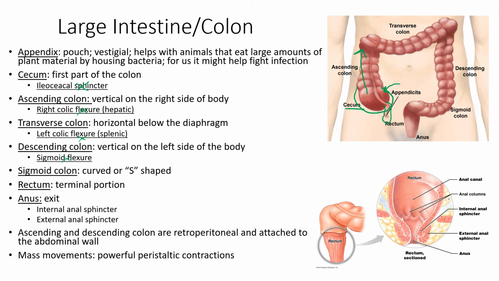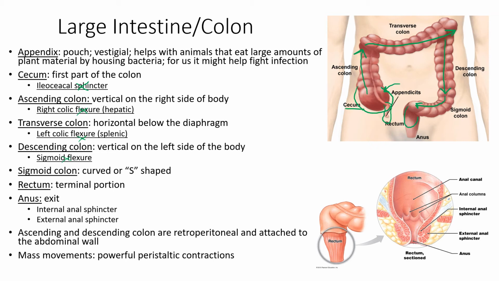And that is going to be this horizontal portion moving right underneath the diaphragm across the body from right to left. From there, we're going to do a little turn and go down the left side of the body, which is the descending colon.